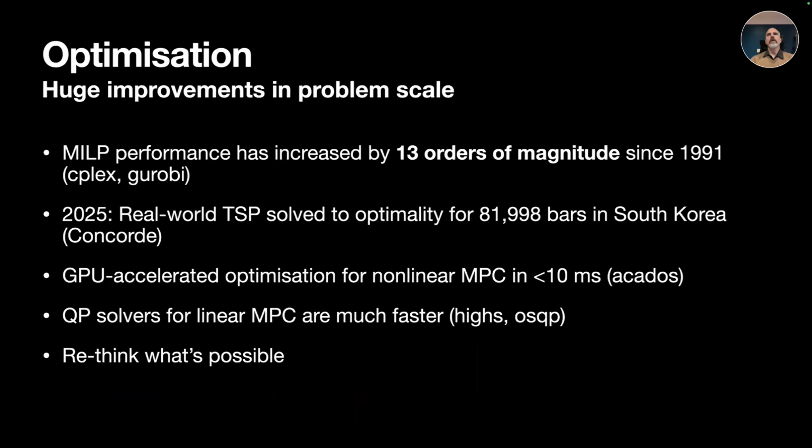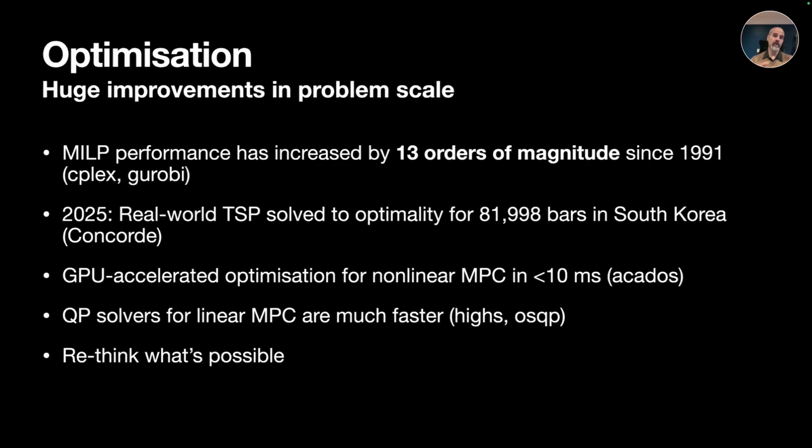The last thing I want to say about optimization in the current epoch, the AI deep neural network epoch, is that optimization as a general field has advanced more than you might imagine. I will share the source if anybody wants it, but I came across this piece of research that shows that MILP performance has increased by 13 orders of magnitude.